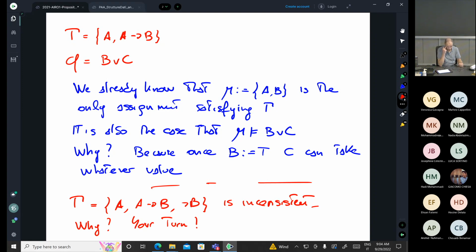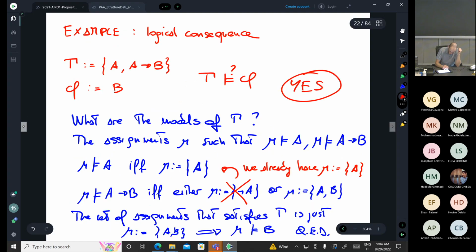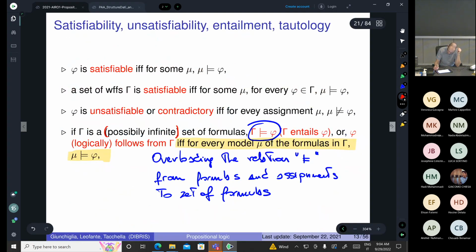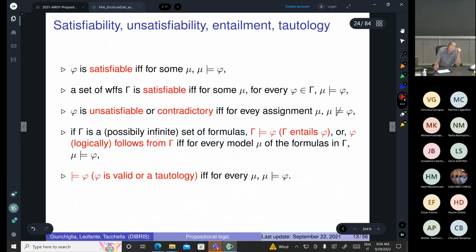It's not difficult, but this set is inconsistent. Let's see if we completed our set of definitions. One more.